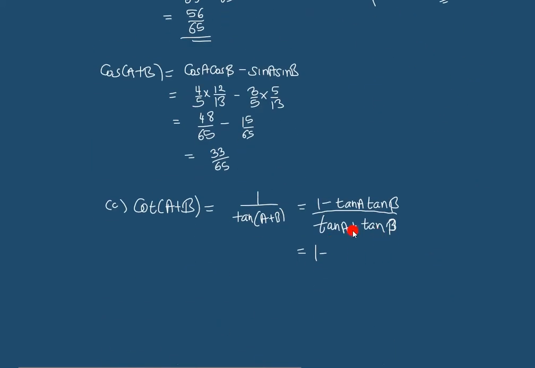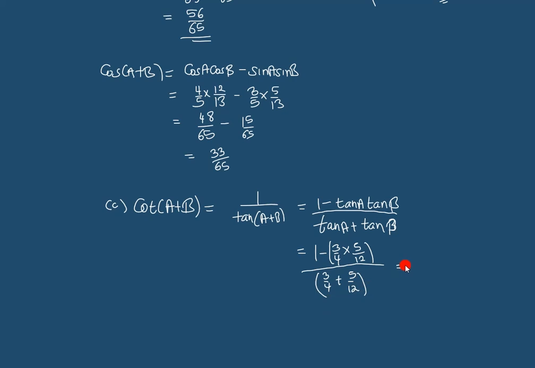That one is 3 over 4 multiplied by the tangent of B. The opposite was 5, the adjacent is 12. We are going to divide this by tangent of A, 3 over 4, plus 5 over 12.